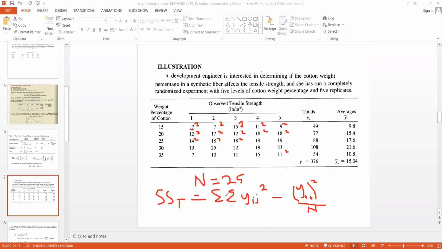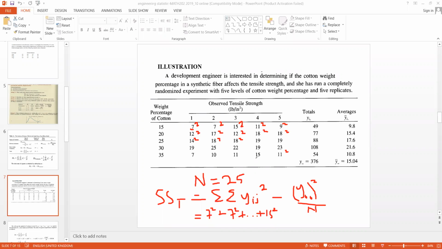So technically, in writing, you write the first 2 or 3 terms, use the ellipsis, and then write the last terms, which will be 7 squared plus 7 squared, plus dot, dot, dot, plus 15 squared.